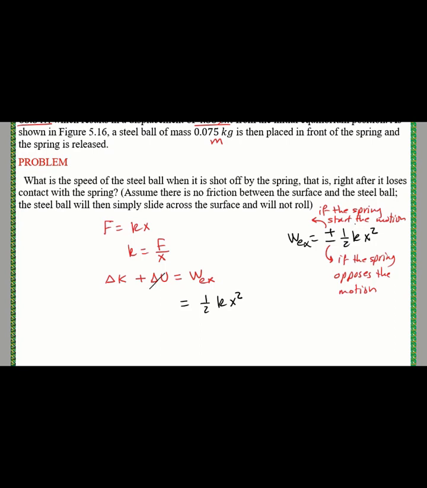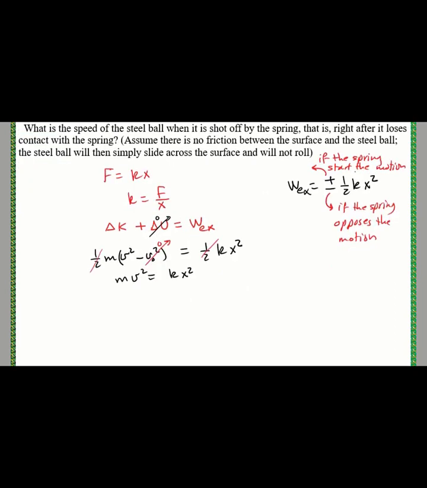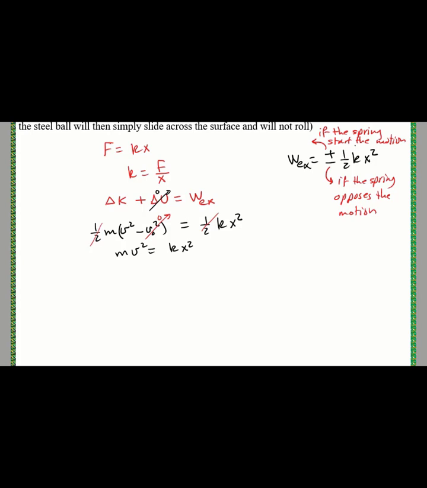And as we mentioned before, delta U equals zero. What is delta K? It is 1/2 m v final squared minus v initial squared. The ball is at rest initially, and we can cancel the 1/2 factor. Then m v squared equals k x squared, which leaves us with v squared equals k x squared over the mass.